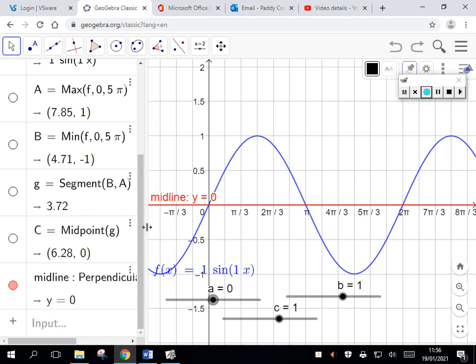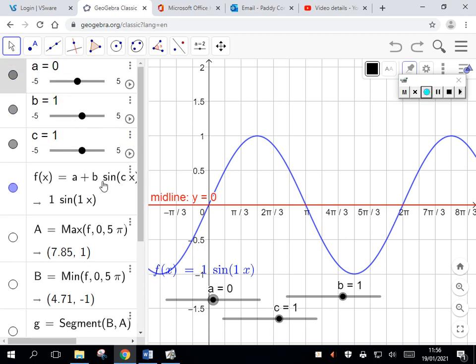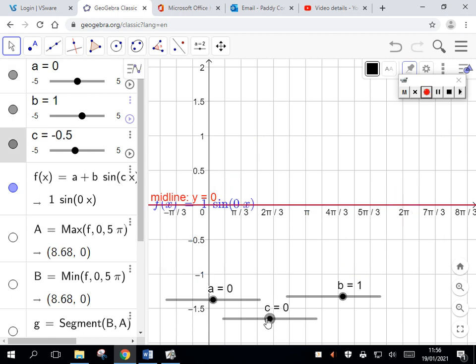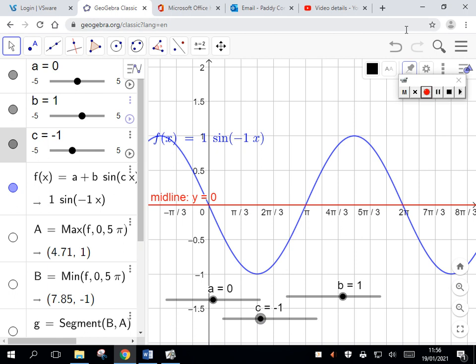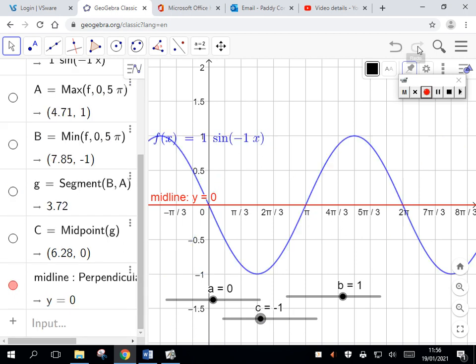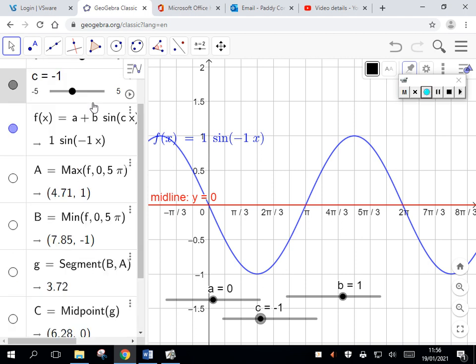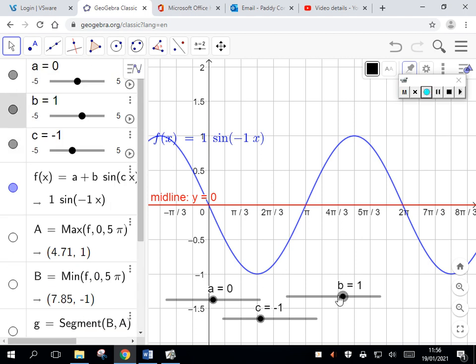And it doesn't really matter the order in which you do these, but B and C we're going to change to be negative. So maybe I'll start with C, change it to -1, and you can see there's my parent function. There's changing C to -1. Change the value of B to -1 for that reflection.